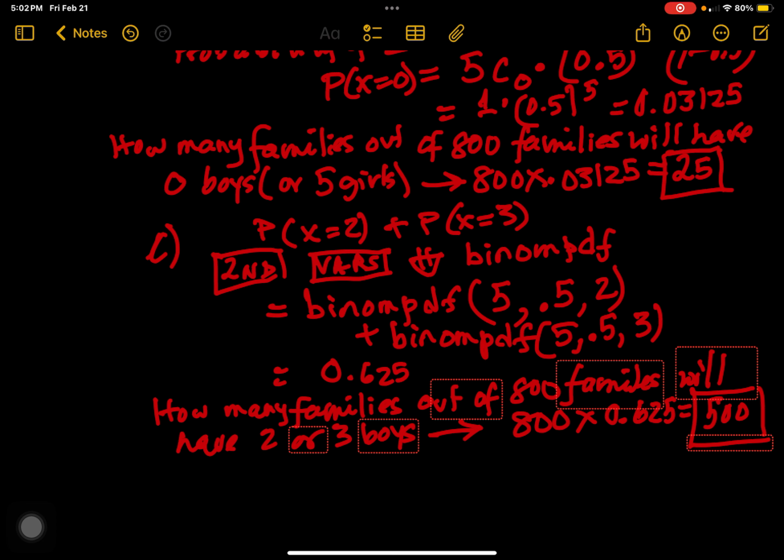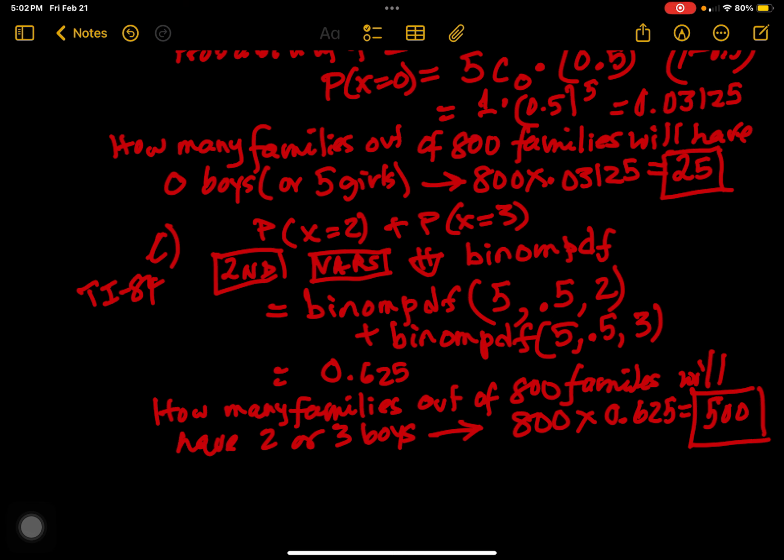Here in the calculator, I should make a note that this is using TI-84. We press the second key, then the VARS key, and then scroll down to binom PDF. Binom PDF is used when we want to find out the binomial probability value at one particular value of X. So first we want to find it for X equal to 2, then we want to find it for X equal to 3 and add the 2 probabilities together.